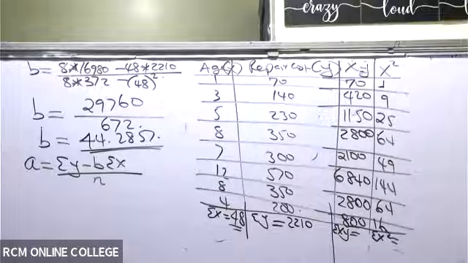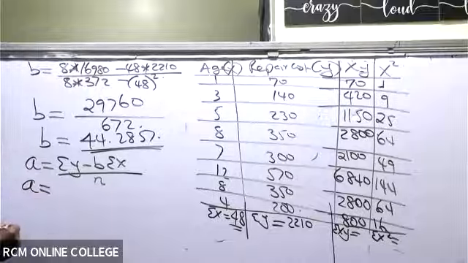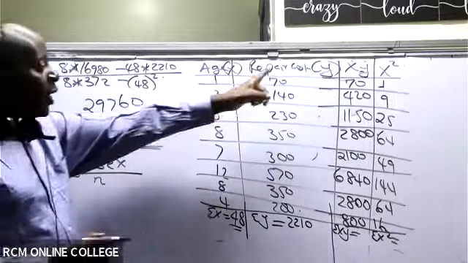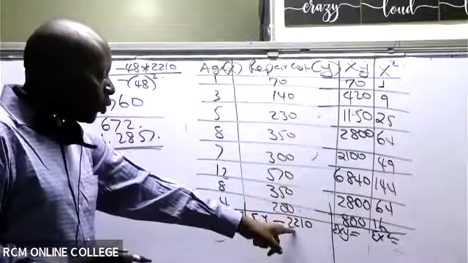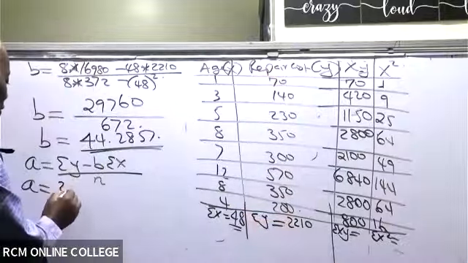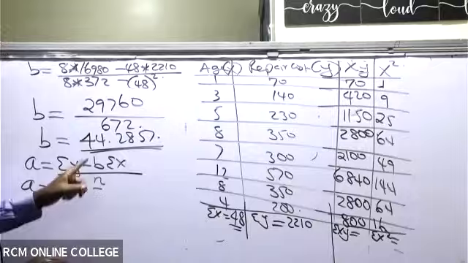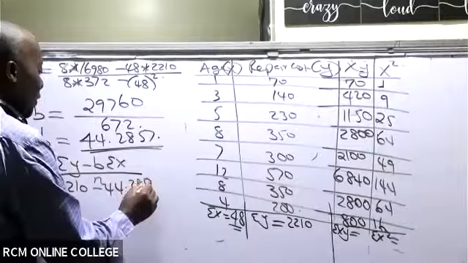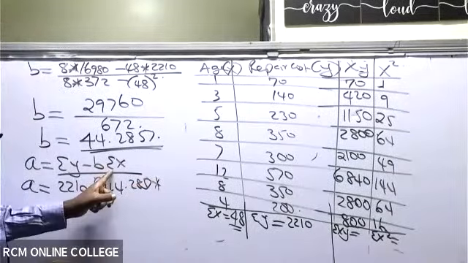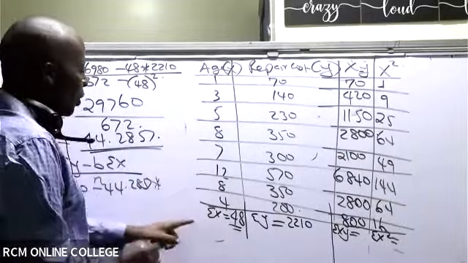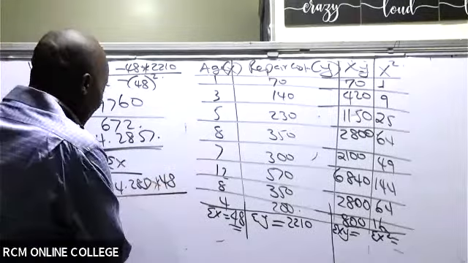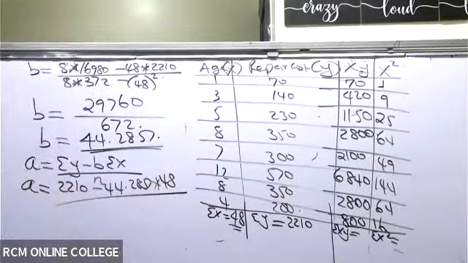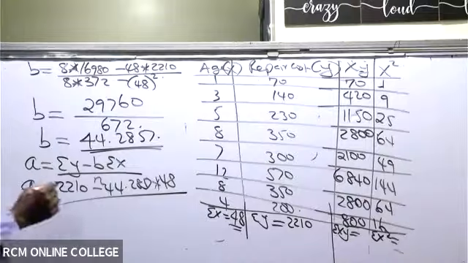Yes, we do. So A equals summation of Y, which is 2210, minus B, which is 44.2857, times summation of X, which is 48, divided by our number of data points, which is 8.